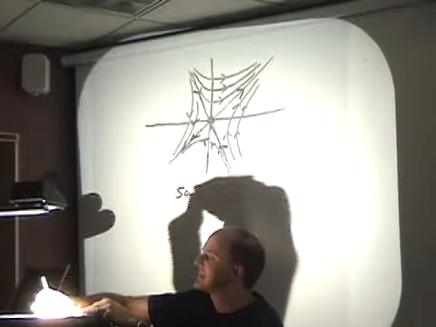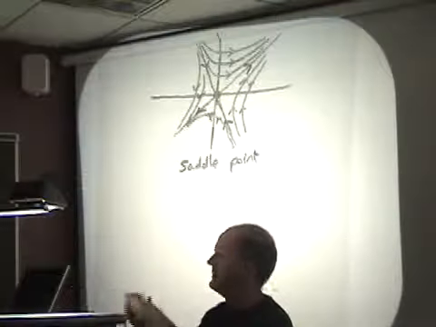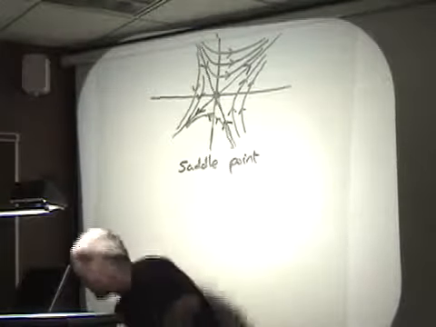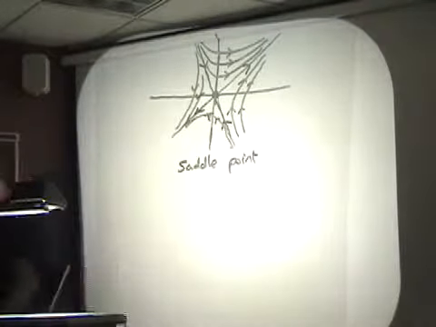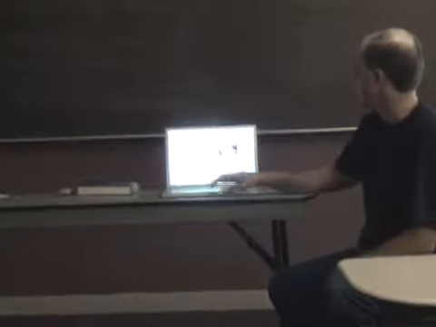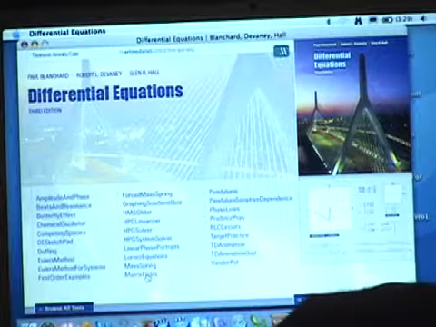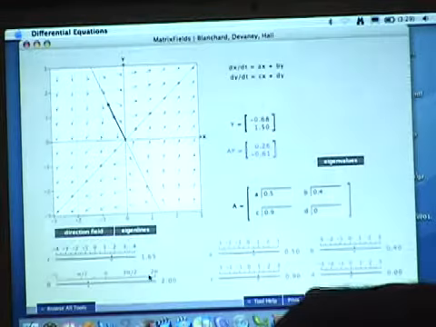If you want a more precise graph of the phase plane, you usually need technology. Let's take a look at the technology right now. Zoom in on this. I'm going to go to matrix fields instead of HPG system solver. This is something you're going to want to get used to using.